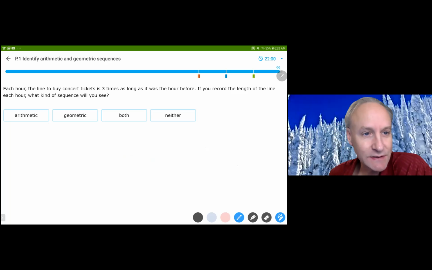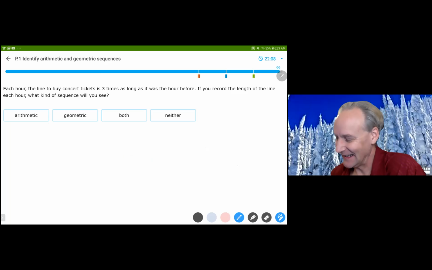Let's see. Each hour, the line to buy concert tickets is 3 times as long as it was the hour before. Oh my goodness. This is a geometric sequence, and this is actually how it works. There might be 2 people in line, and then 6. And then if you wait an hour, there might be 18.